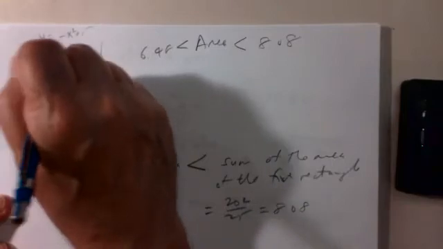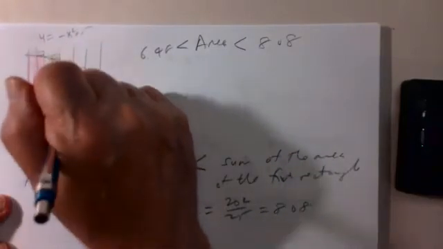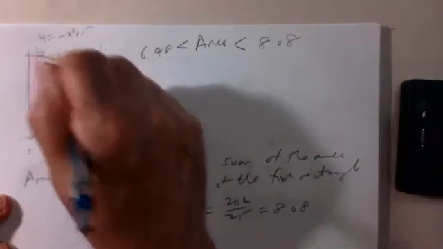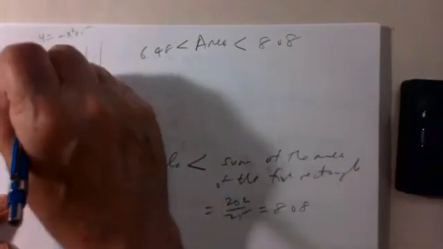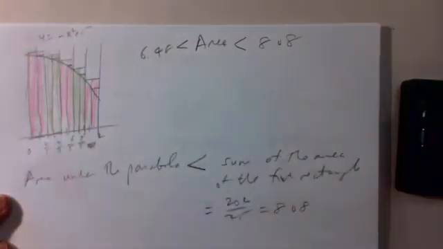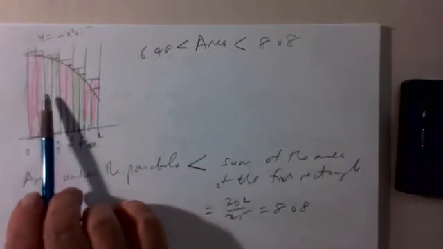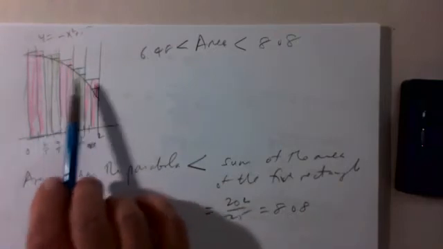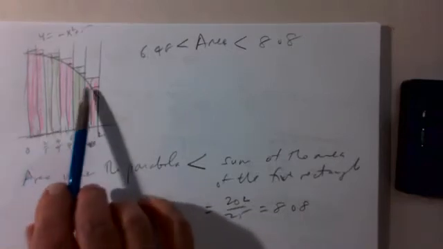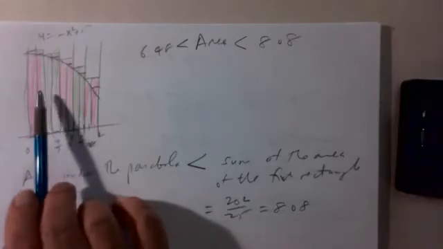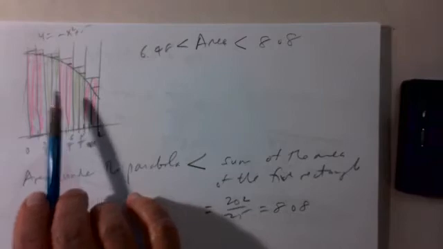So now we have a picture that looks like this. And you can see visually that if you use 10 rectangles and using the left-hand endpoints in this case, the 10 rectangles include the area under the curve, but it's a better approximation.